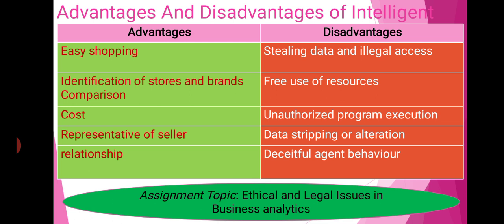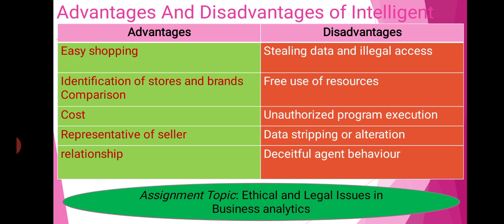Clear. An intelligent agent can be sent by a buyer to identify stores, brands, products, categories, etc. The next, make comparison. The next, cost. Intelligent agents reduce e-commerce cost and make web shopping more transparent. We are all doing this. Then a representative of the seller.